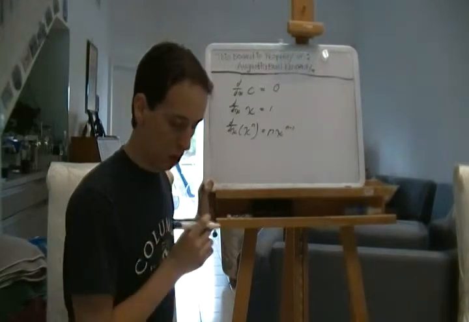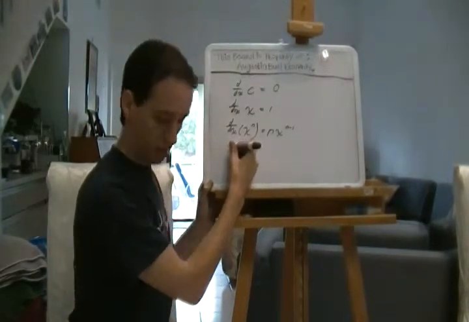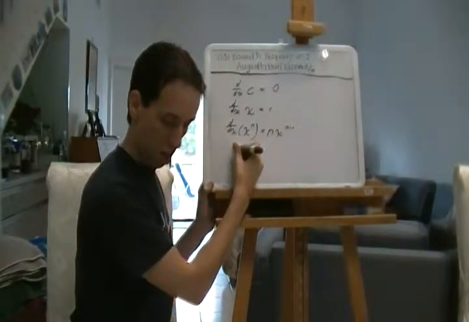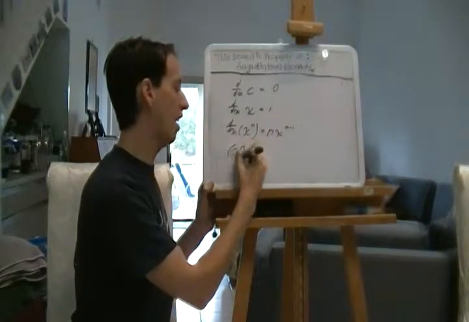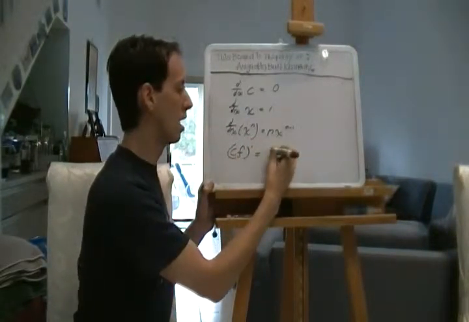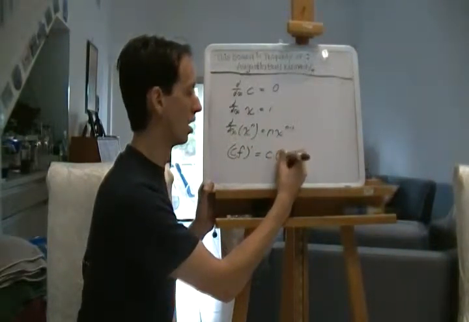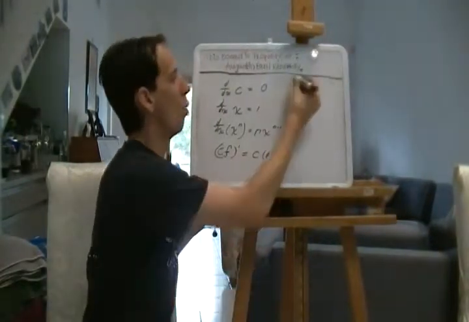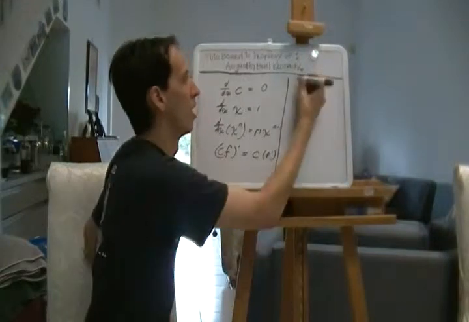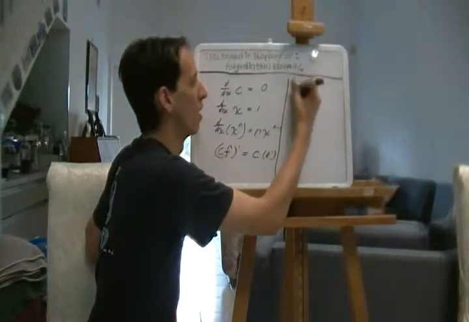Okay? We also know the constant multiple rule. The derivative of c times f equals c times f prime.